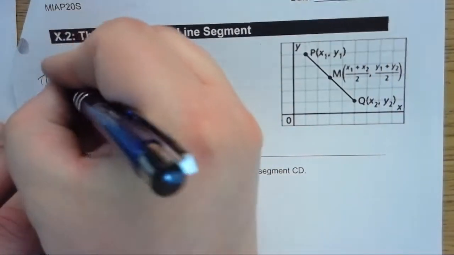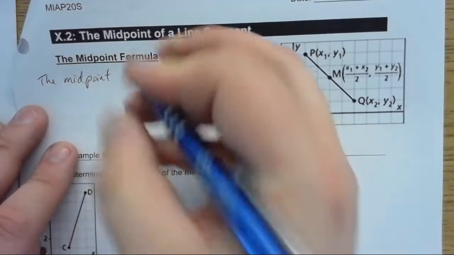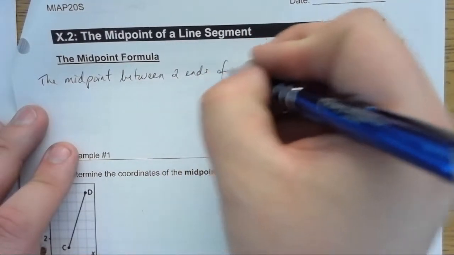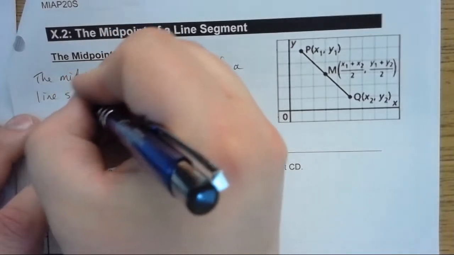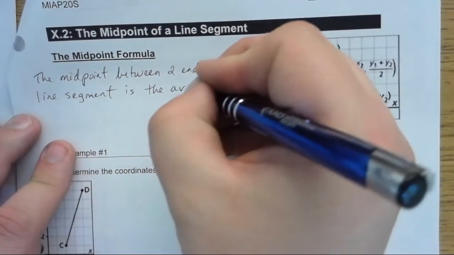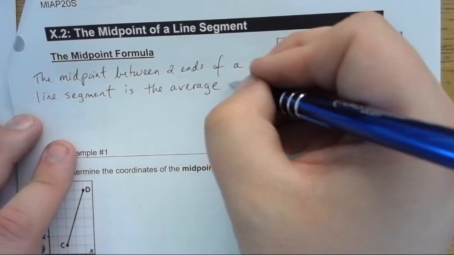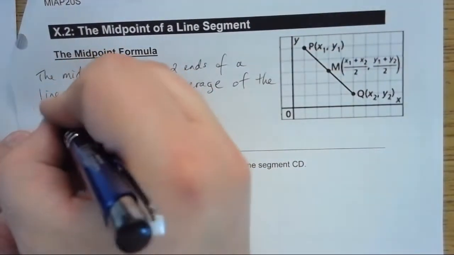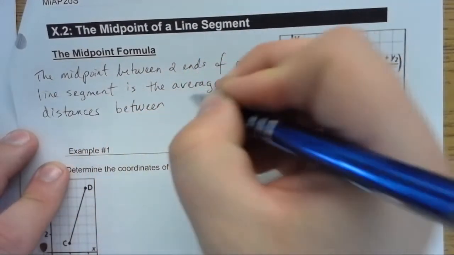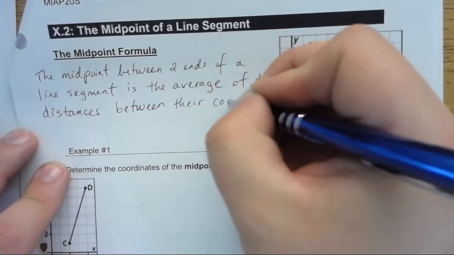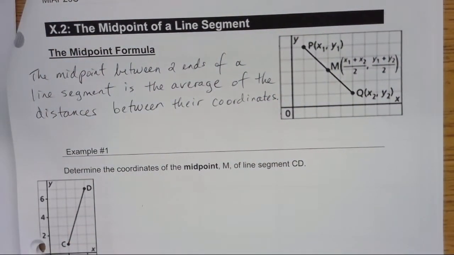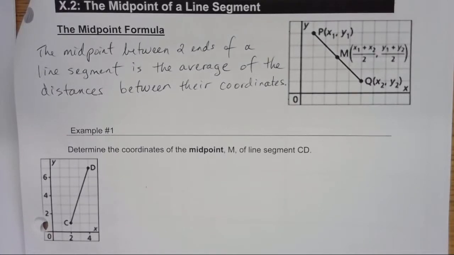The midpoint between two ends of a line segment is the average of the distances between their coordinates. That's more complicated sounding than it is to do.